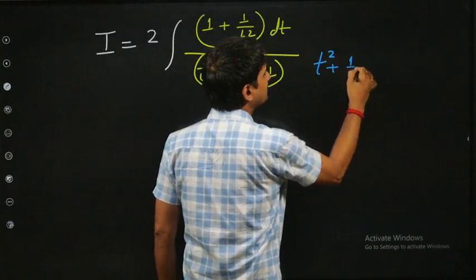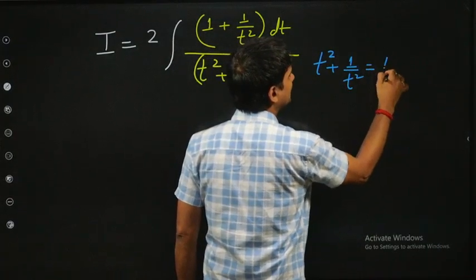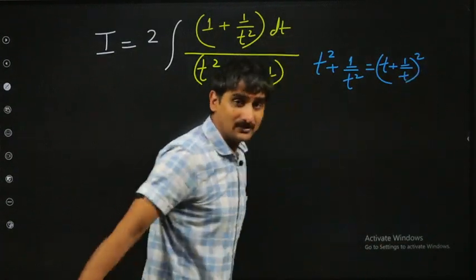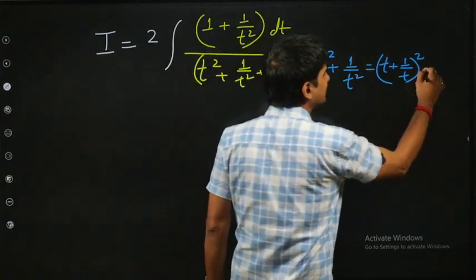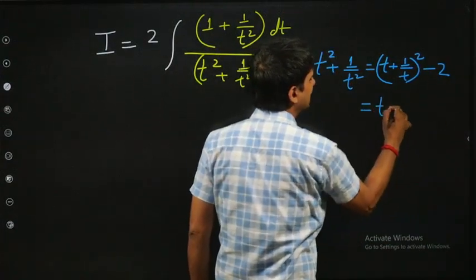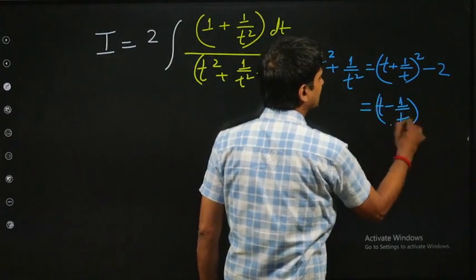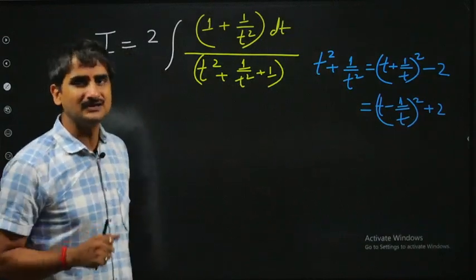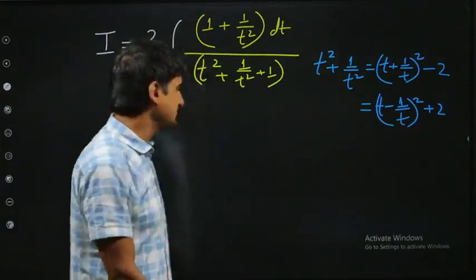It can be written in terms of a perfect square in two forms. One is t plus 1 by t whole square minus 2, and another one is t minus 1 by t whole square plus 2. Which one to choose depends on the numerator, because that comes from the method of substitution.